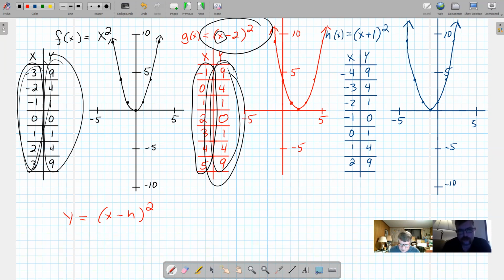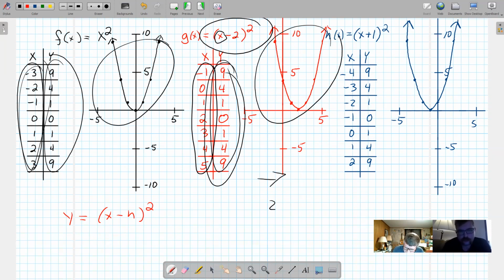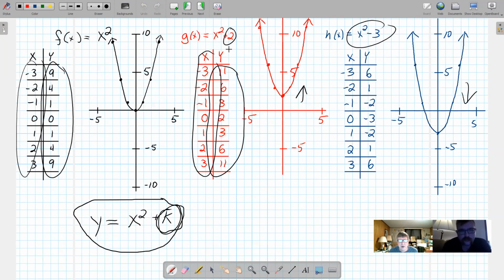What does all that mean? Well, look at what this graph looks like compared to that one. It has shifted to the right 2 units, but it was an x minus 2. Let's go back for a bit here. Back here, when we had a +2, it moved it upwards, and a -2, it moved it downwards.